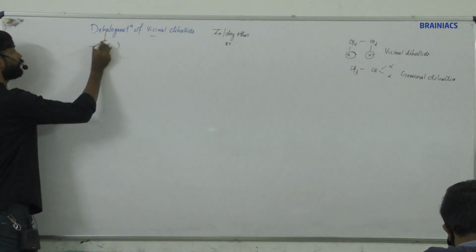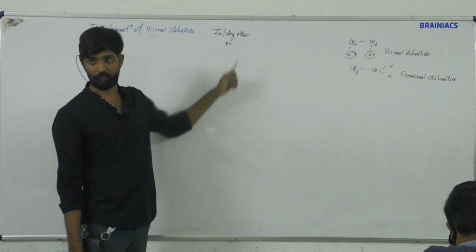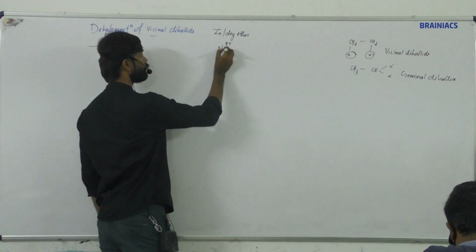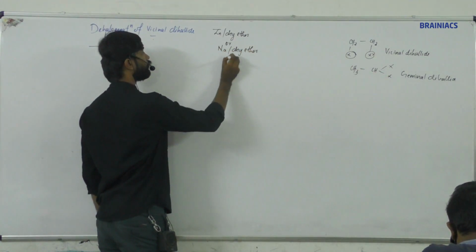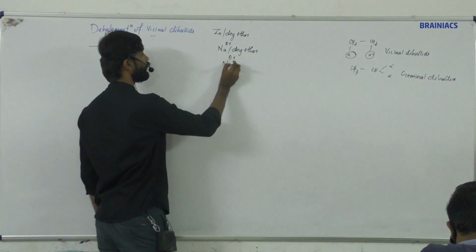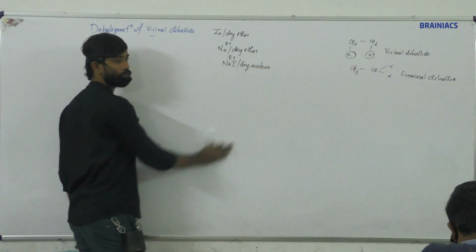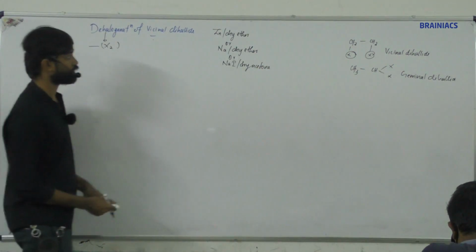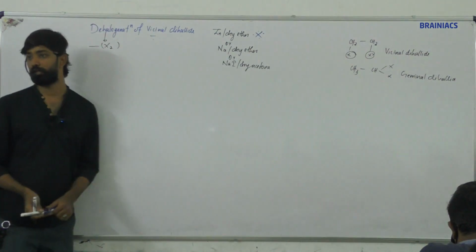Removal of X2. It can be done by zinc in dry ether or sodium in dry ether, or by sodium iodide in dry acetone. These all are the reagents. The most important, common reagent is zinc in dry ether.